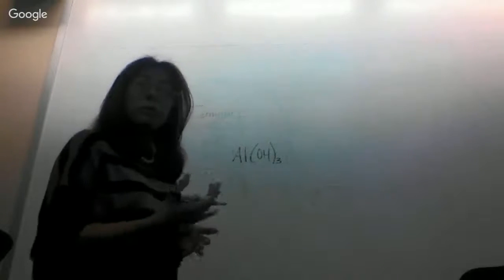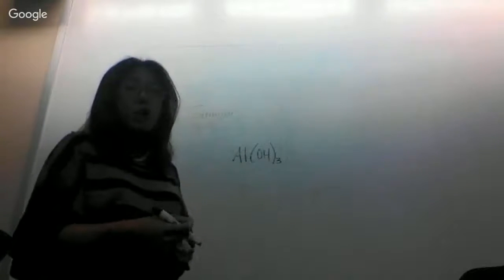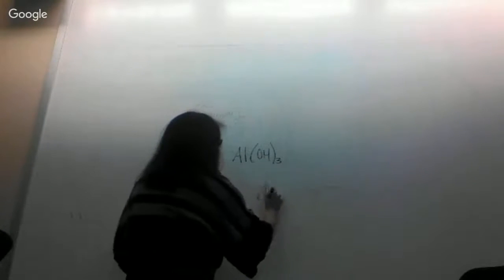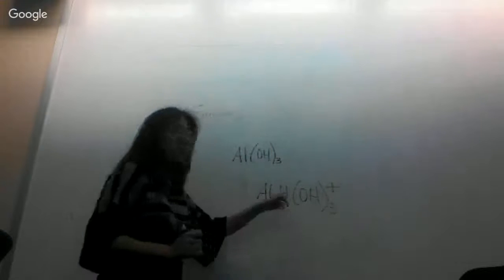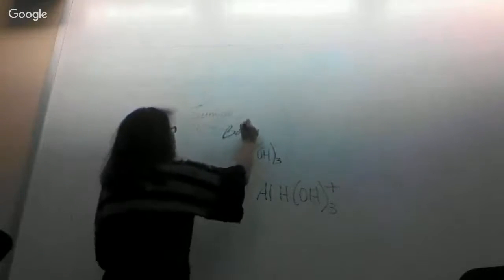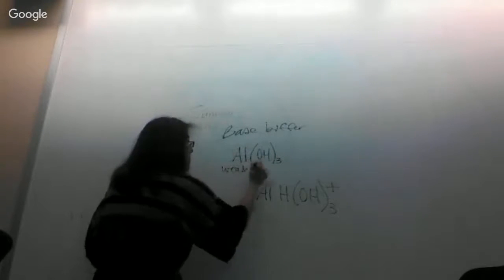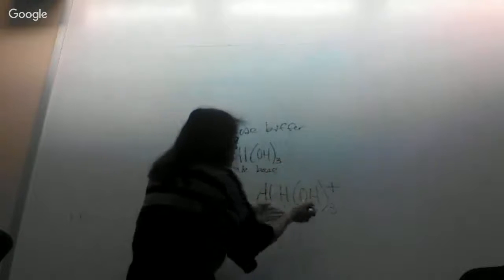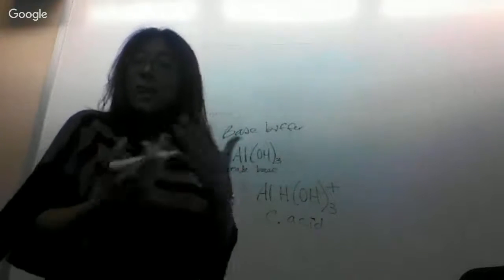So this would be a weak base and its conjugate acid. I know this looks a little weird, but you would add on an extra H and it would be a plus sign. So if you had a base buffer, you would have a weak base and its conjugate acid. The conjugate acid has an extra H, versus a conjugate base has the H taken off.